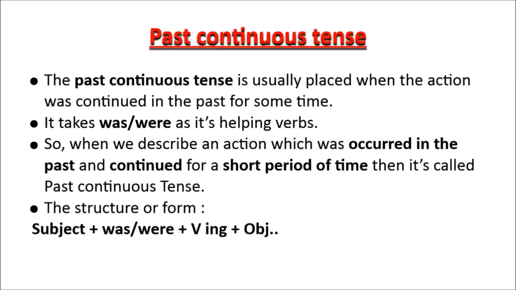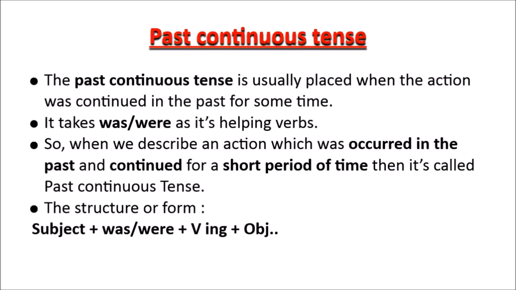Next we are moving on to past continuous tense. So this is the second type of tense in which form? Continuous form. Good. So look at the definition given there. The past continuous tense is usually placed when the action was continued in the past for some time. So where will we use past continuous tense?